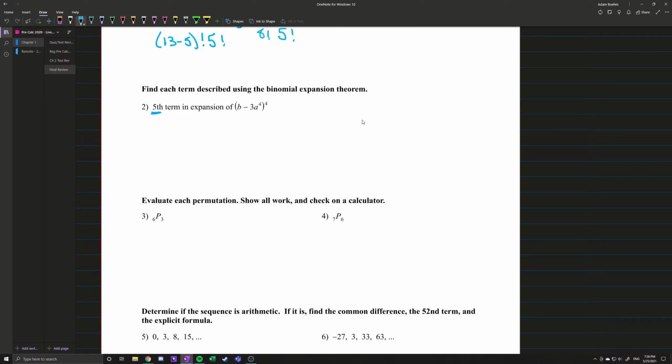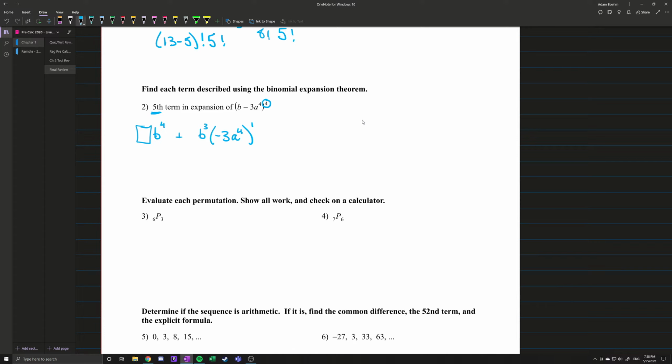We should know that there are always 1 plus that exponent number of terms. So this is a power of 4, so we're going to have 5 terms. Our terms are going to look like the first term to the fourth, with some constant. The constant's always going to be 1 to start, plus b to the third times negative 3a to the fourth to the first, and so on and so forth.